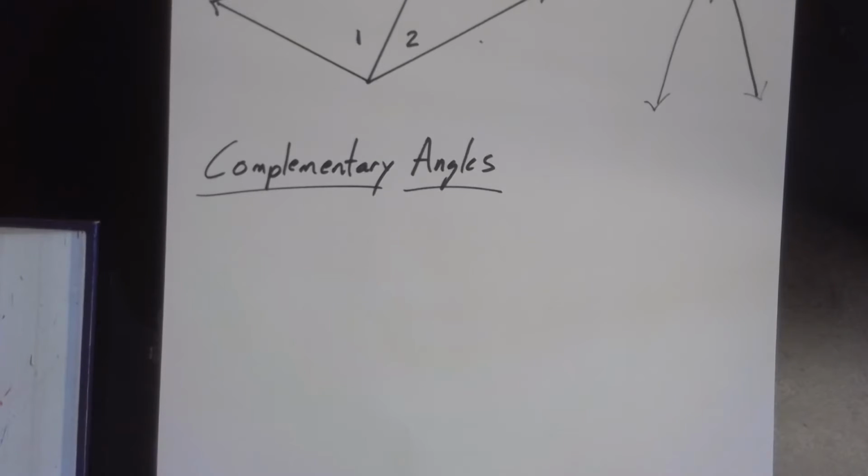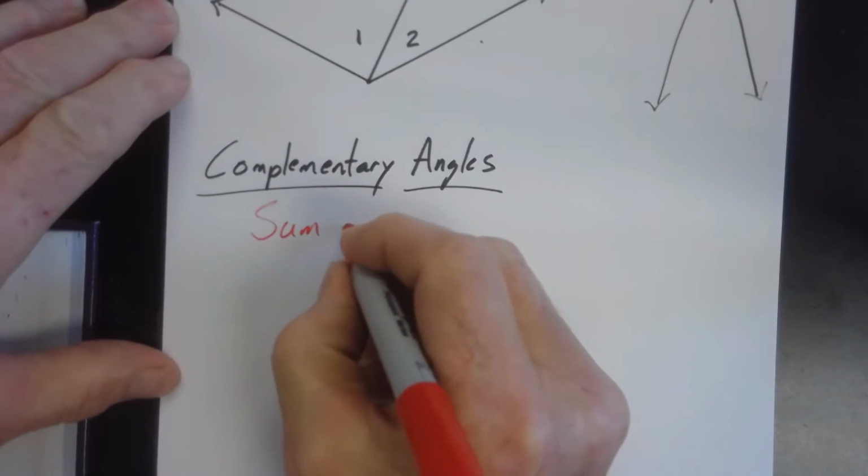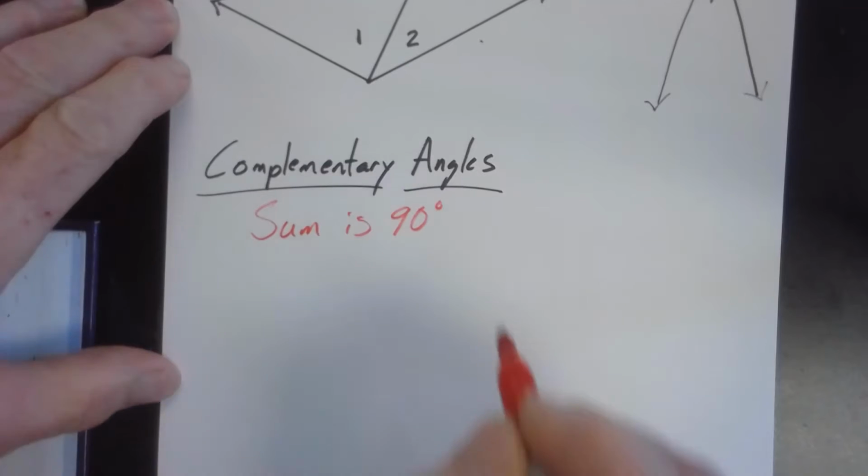Is that how it works? No! Angles are rude, actually. They never do that. Complementary angles, that's just two angles whose sum is 90 degrees. So that's all you got to know. Sum is 90 degrees.